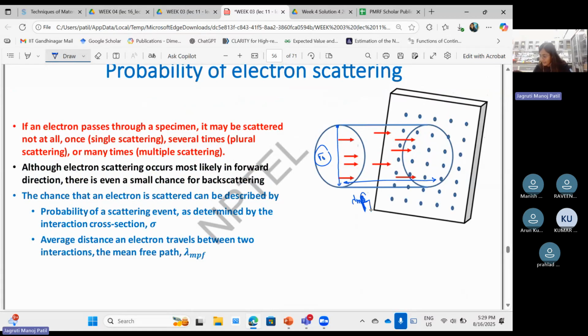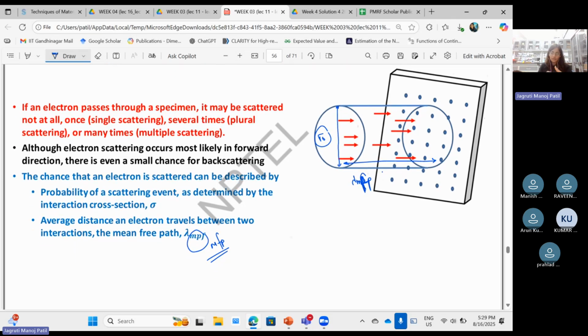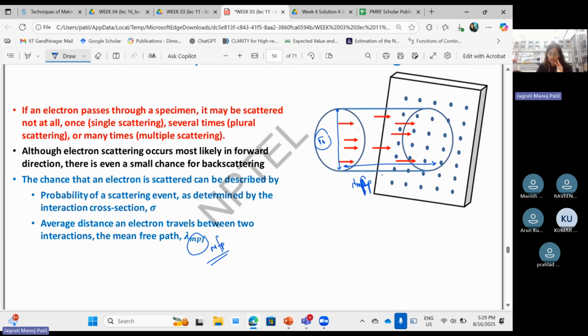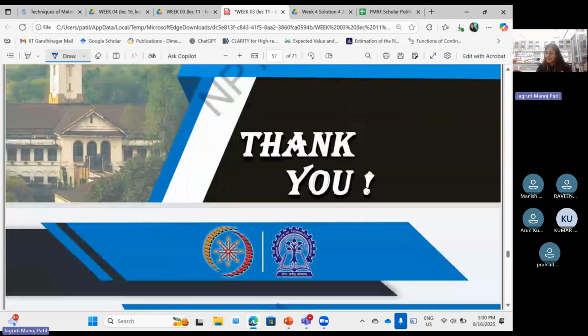Mean free path. Okay, so how much it's traveling through it. So it will also depend on the cross section and the distance it has traveled through. Again, we'll see whether it's single scattering or multiple scattering, and how it depends on it. Okay. So these lectures are in continuation.